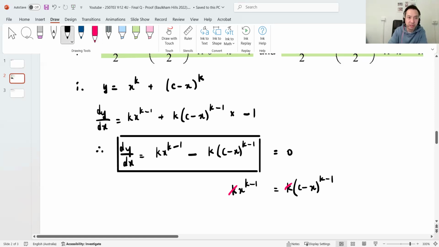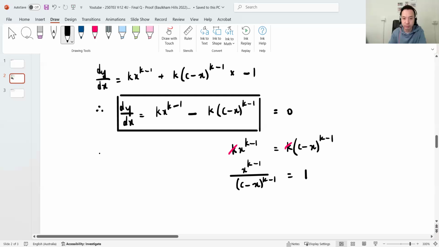Then divide it back over here, so you get (x over (c minus x))^(k-1) equals 1, with both put inside a bracket.